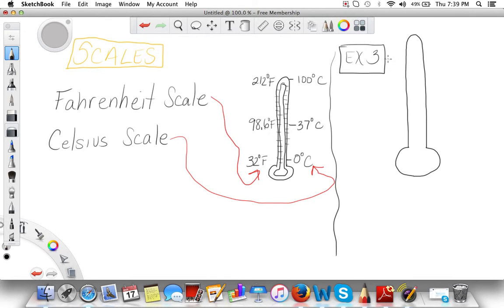Okay, the only thing that's showing are the degrees Fahrenheit. So notice that you have 0 degrees Fahrenheit somewhere up here.